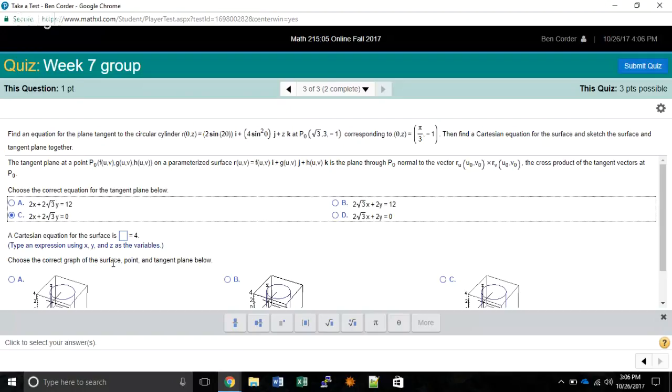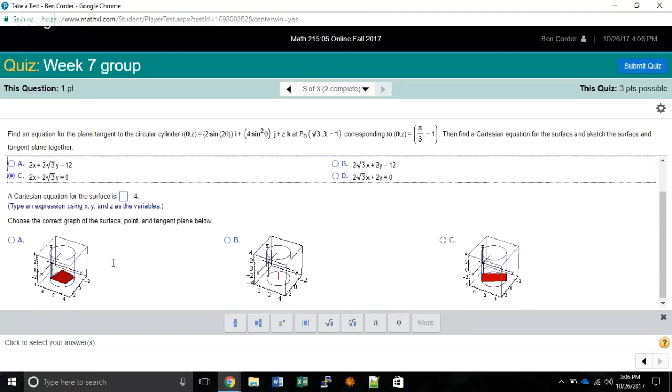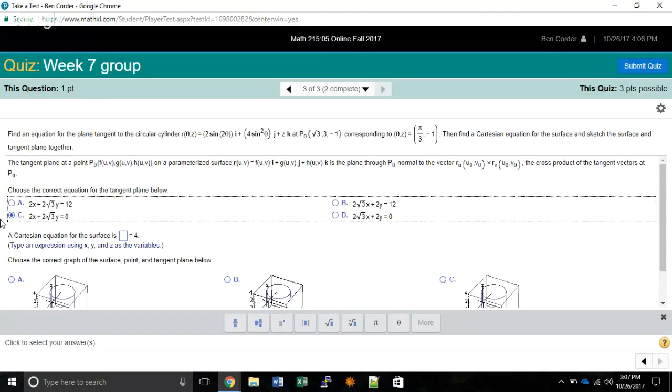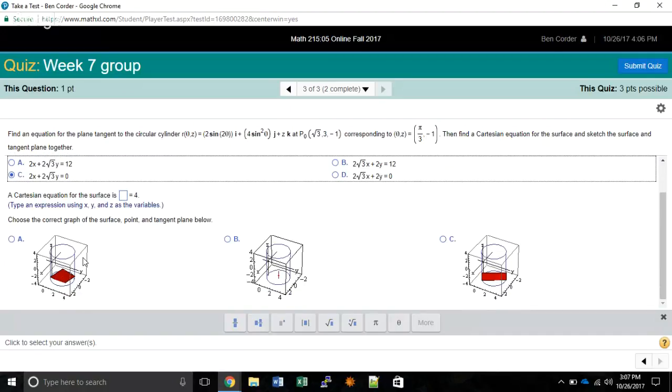What do you think it'd be, y minus 2? Just looking at the graphs. I mean, this isn't the best way to do it, but it looks like the y coordinate would be 2 and 0. This is for the whole cylinder, though. Yeah, I know. From 2 to 0.